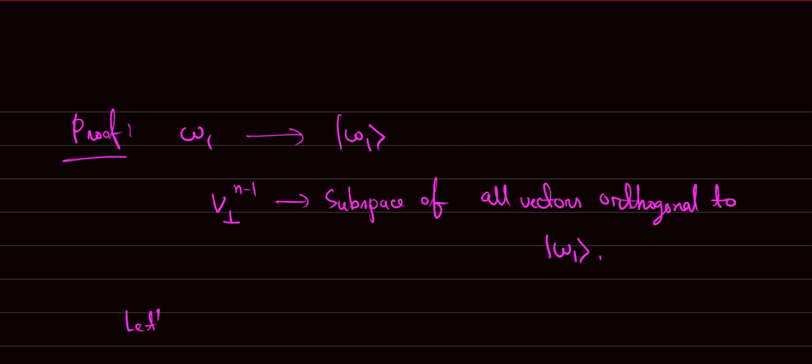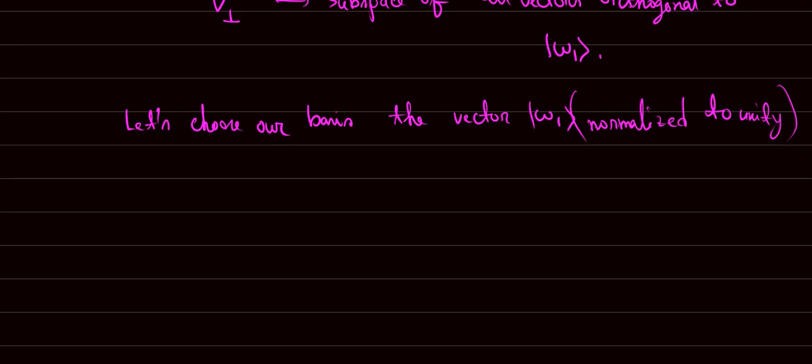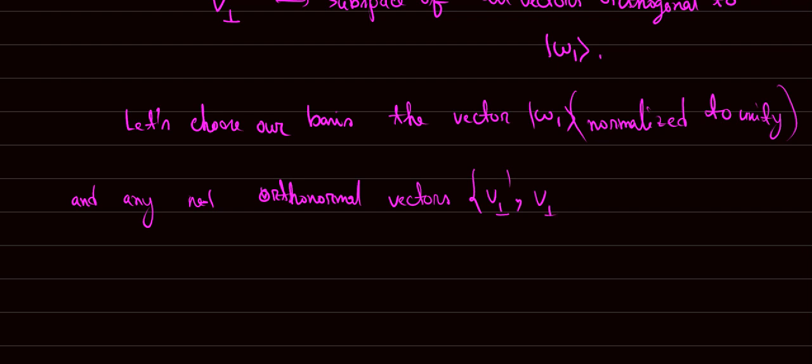So to prove, let's choose our basis. Let's choose our first basis vector as omega 1, normalized to unity, and the remaining basis vectors are n minus 1 orthonormal vectors that reside in this subspace.